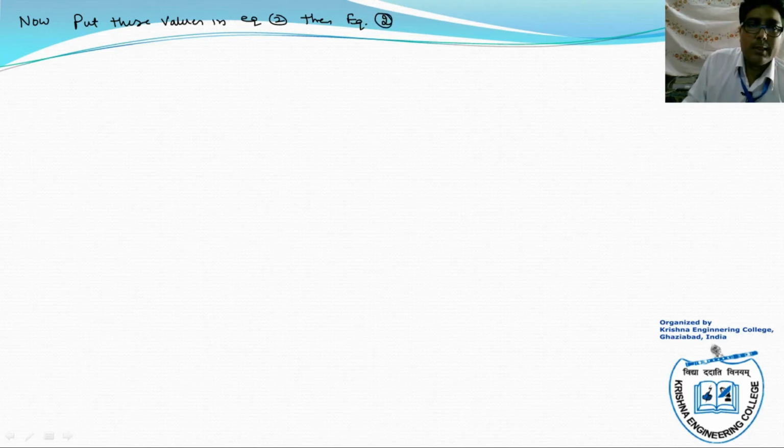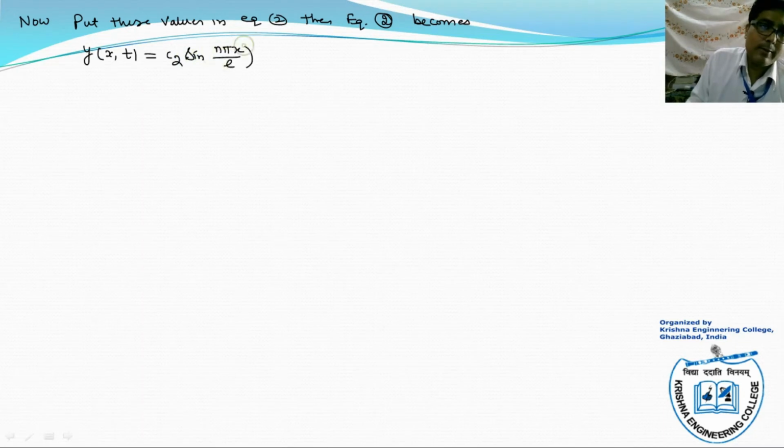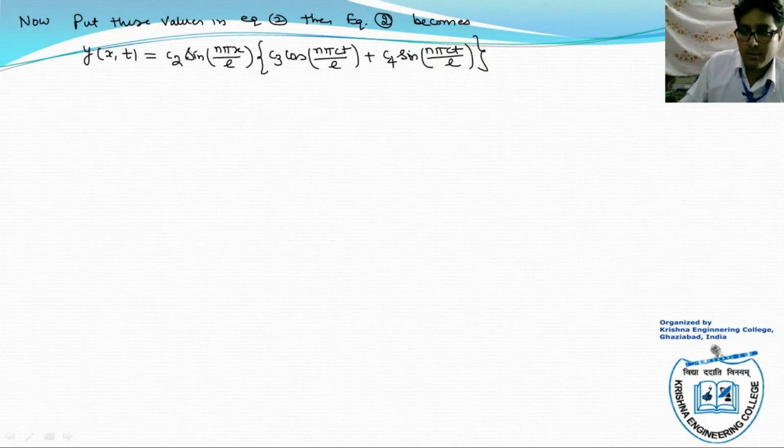Then equation second becomes y x comma t is equal to C2 sin n pi x by L into C3 cos n pi Ct by L plus C4 sin n pi Ct by L. This is equation number 7.